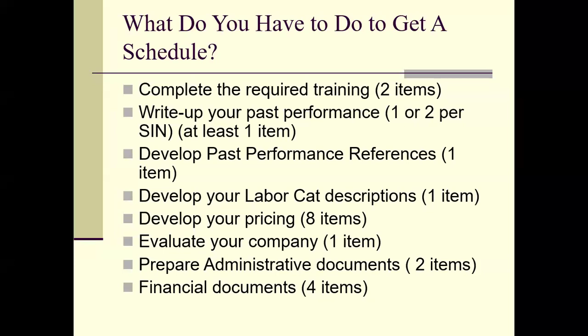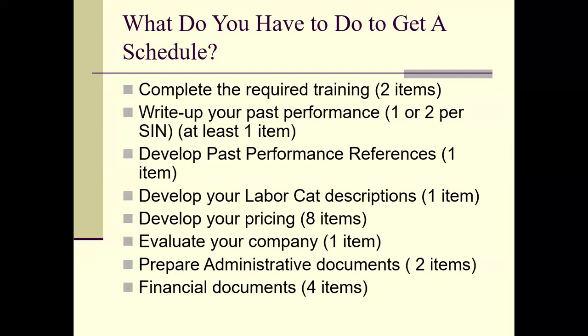Here's the total, so that you can basically back up your labor category descriptions and associate the invoices with that piece. You have 8 specific items that you have to deal with in terms of pricing, and clearly the pricing for GSA is a major component.